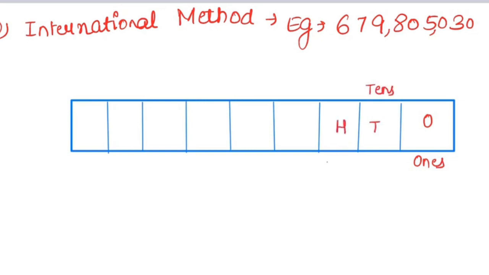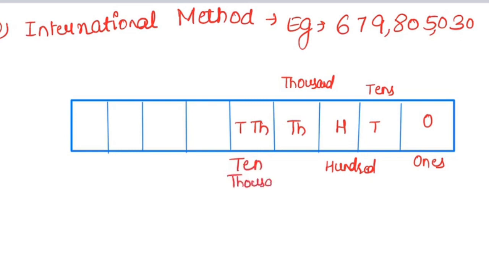So we have to make 9 columns, and first of all you write ones, tens, hundreds, thousands. Next is ten thousands. Okay, the shortcut TTH we write here. After that, hundred thousands, H TH. Okay, H means hundred, TH means thousand.